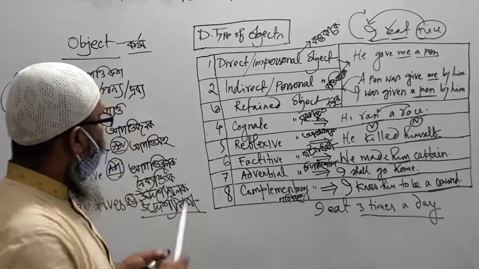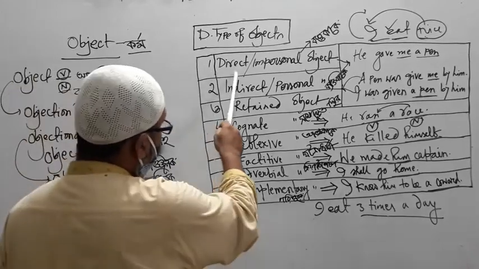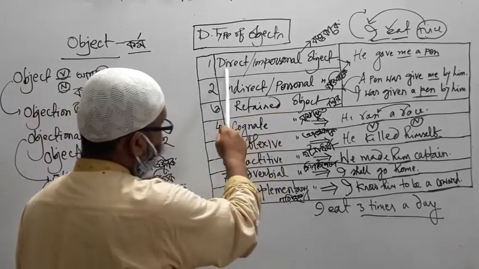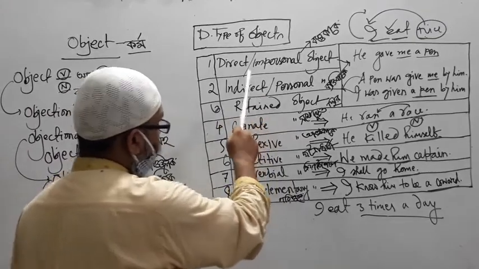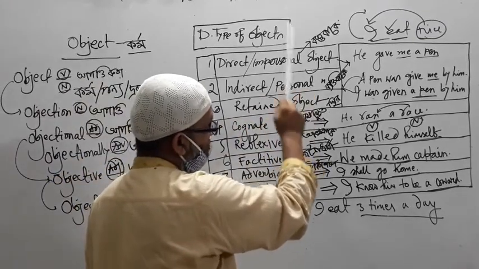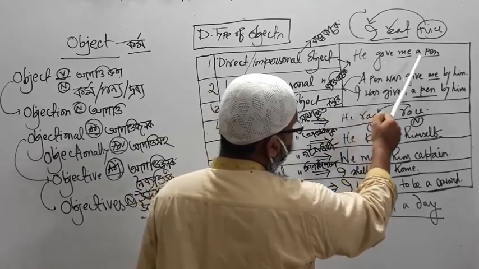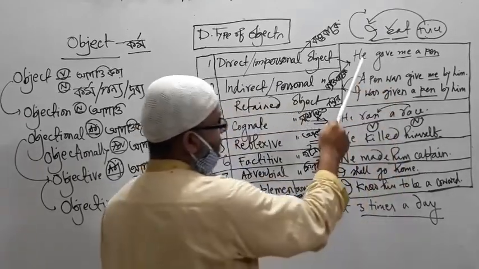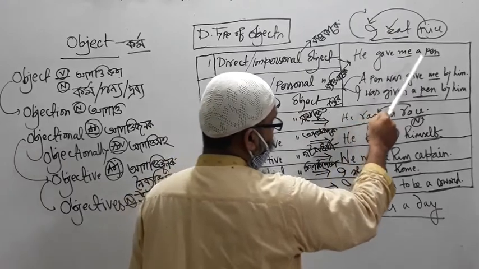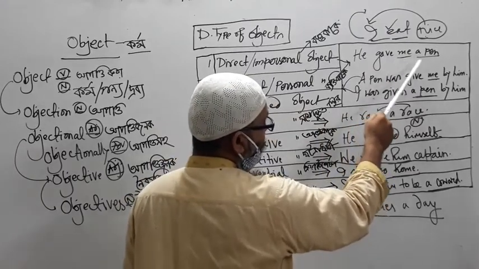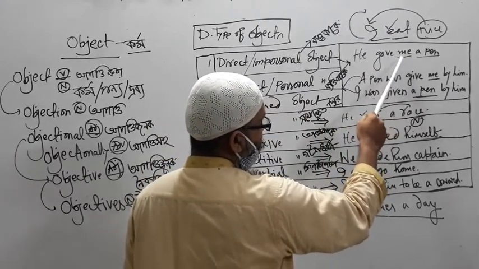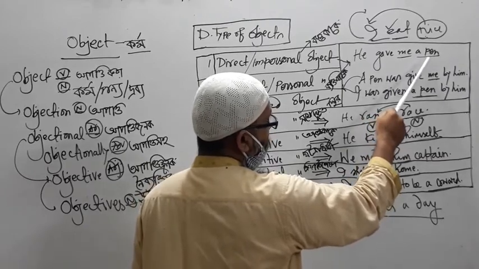Okay. Now come to the first one. See that, direct or impersonal object. Direct object or impersonal object. That is bostubachak. What is it? He gave me a pen. See that? He gave me a pen. That is, there are 2 objects here. One is personal, another one is impersonal.